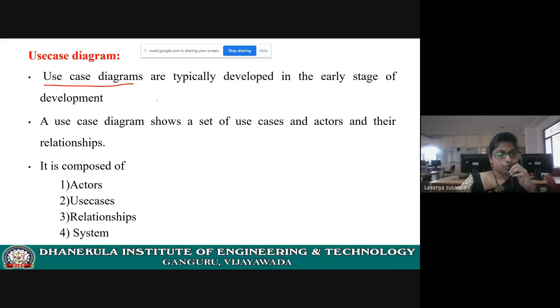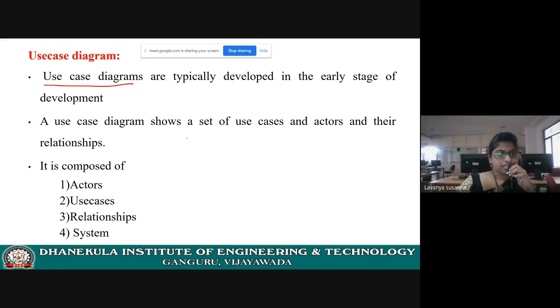The requirements are nothing but the functionality of the system that the client wants the system to provide. Requirements specified by the user are captured as use cases, and these use cases are identified at the first stage only, the requirements phase.